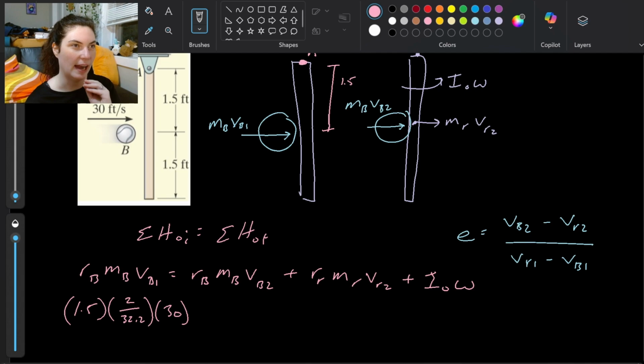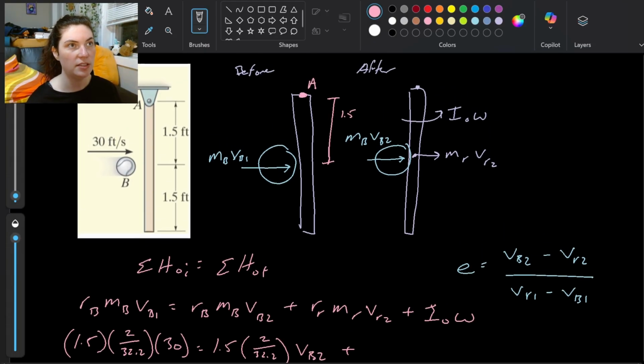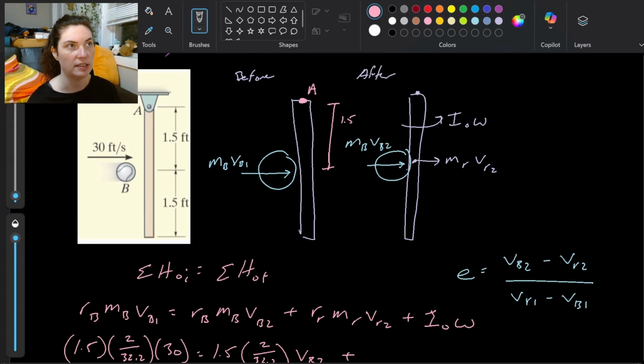Now we'll look at our after, and this is where we've got a lot more of those unknowns. So our RB is still the same, still 1.5, and the mass of the ball is still the same, 2 over 32.2. But we don't know what VB2 is, that final velocity of that ball. Then we can move on to our rod. The mass of our rod acts at the center of the rod there.